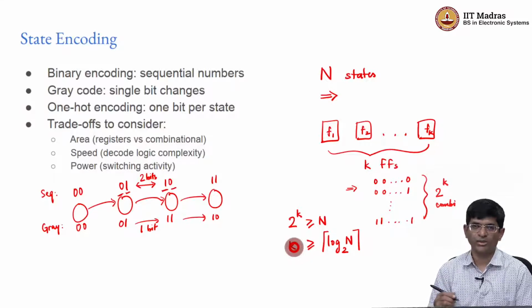So rather than trying to make a decision on whether you should go with sequential or gray encoding or one-hot encoding, it's better to just go ahead and write it out using maybe sequential encoding, and you will almost certainly find that the synthesis tool in most cases re-encodes the state representations for you in such a way that it optimizes some aspect of the circuit implementation.